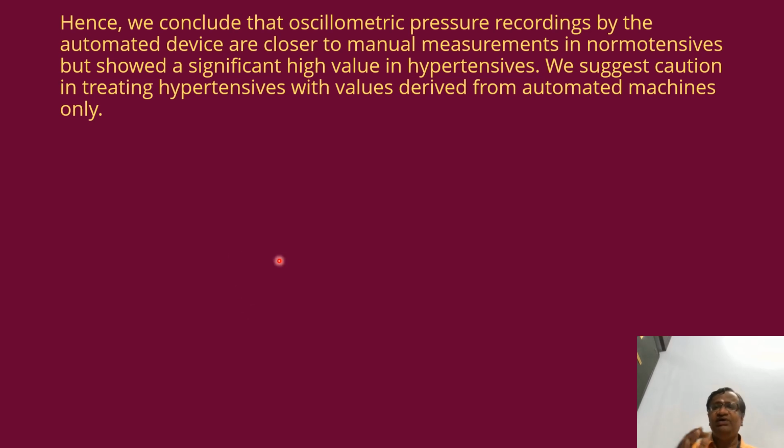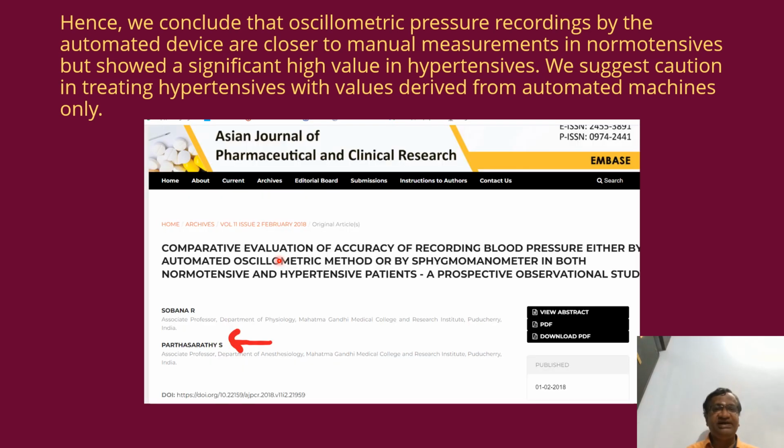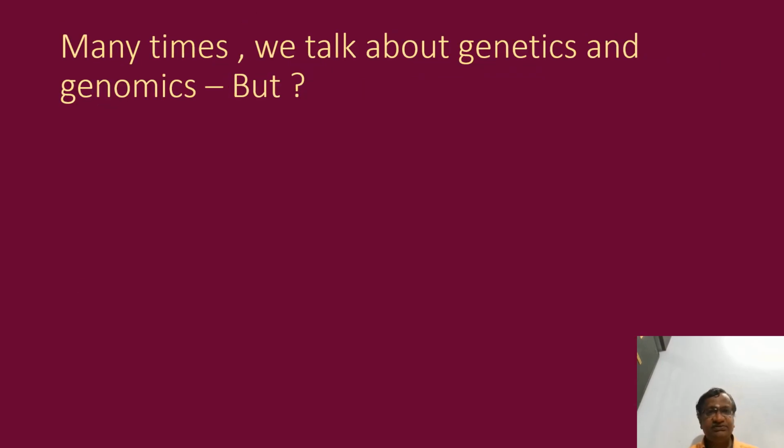Honestly, what we have found is that oscillometric pressure recordings by an automatic device are closer to manual BP in normotensives, with some difference in hypertensives. That is why we may be very cautious in first-time hypertensives with automated machines. This is what we have found, Dr. S. Parthasarathy.